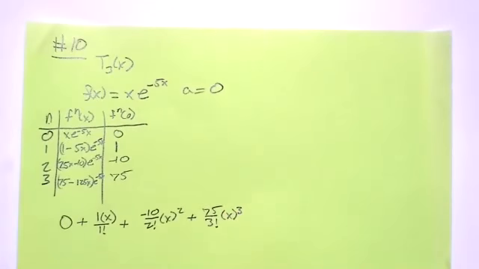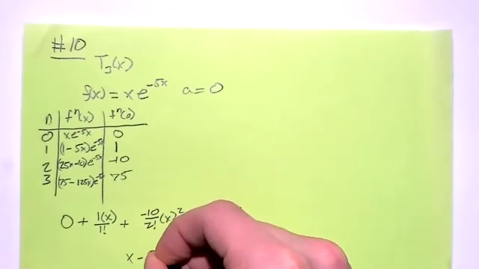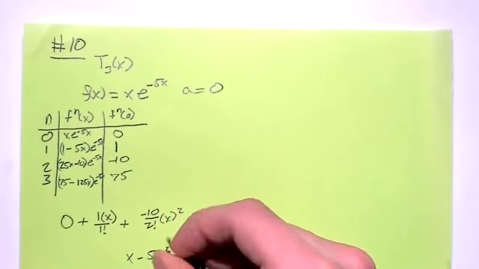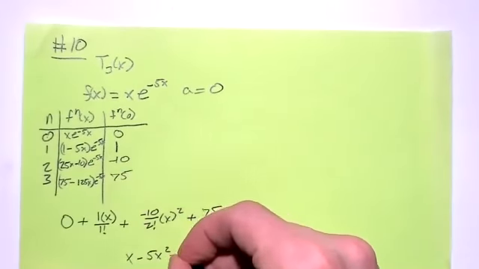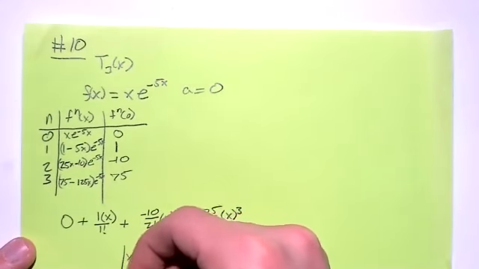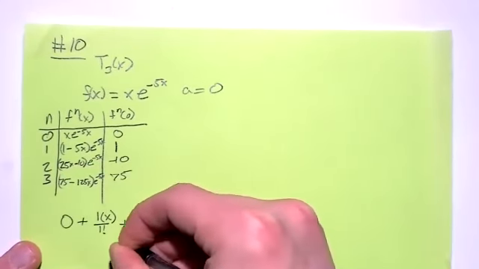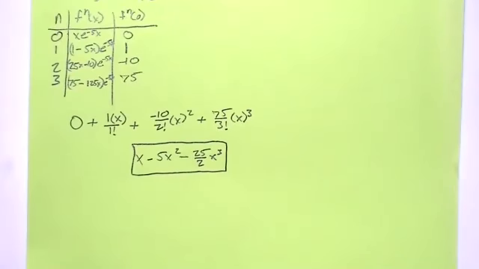If we simplify that, we would be left with x minus 5x squared plus 25/2 x cubed. That simply is going to be our Taylor polynomial T sub 3 of x for the function.